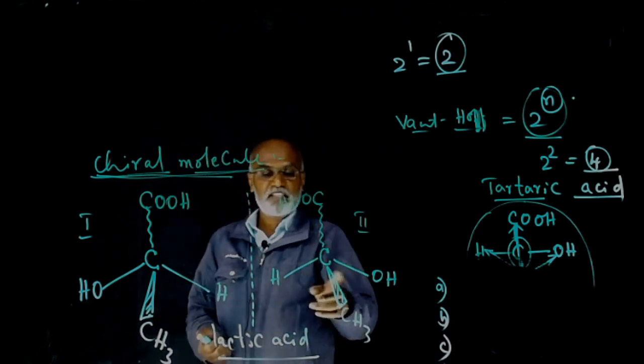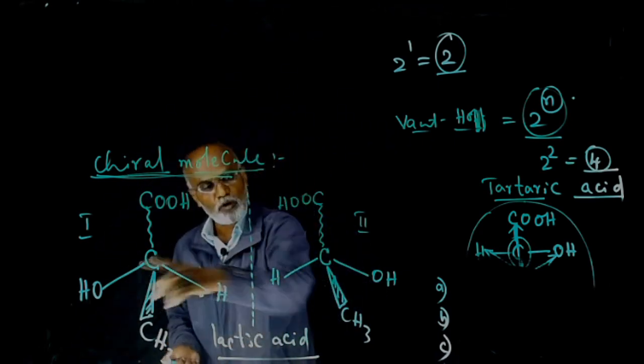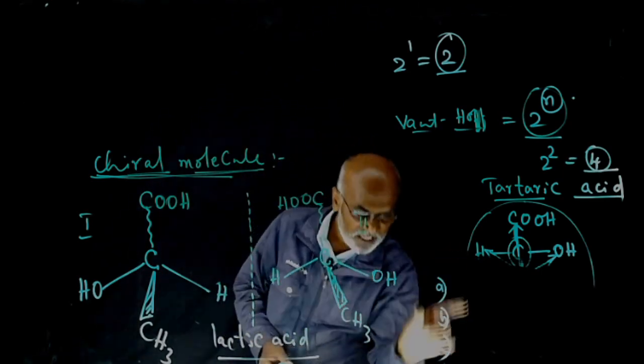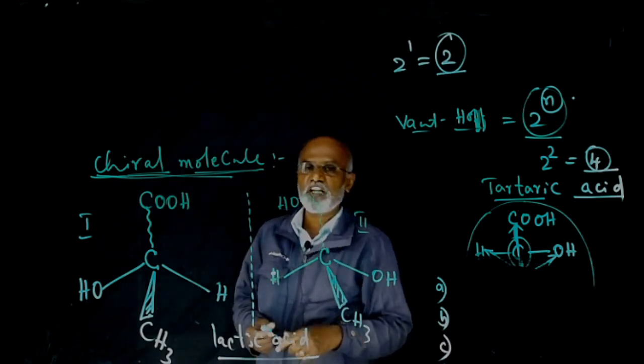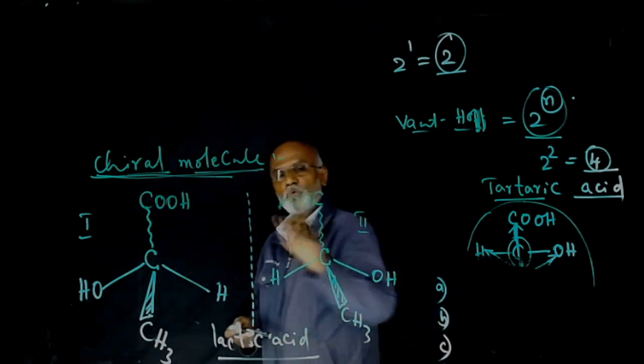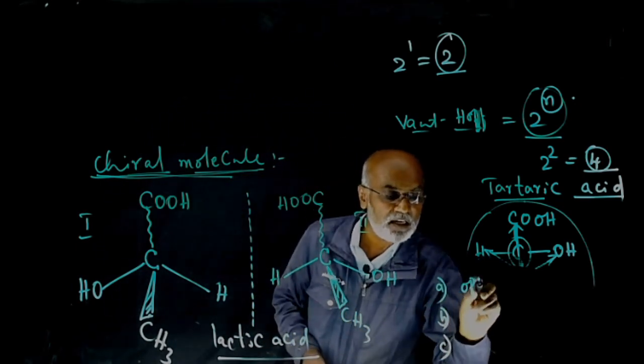As the similar groups do not place one over the other, structure 1 and structure 2 are non-superimposable on one another. So let me take the three conditions one by one in a very discrete manner. So these two, structure 1 and structure 2, are optical isomers.